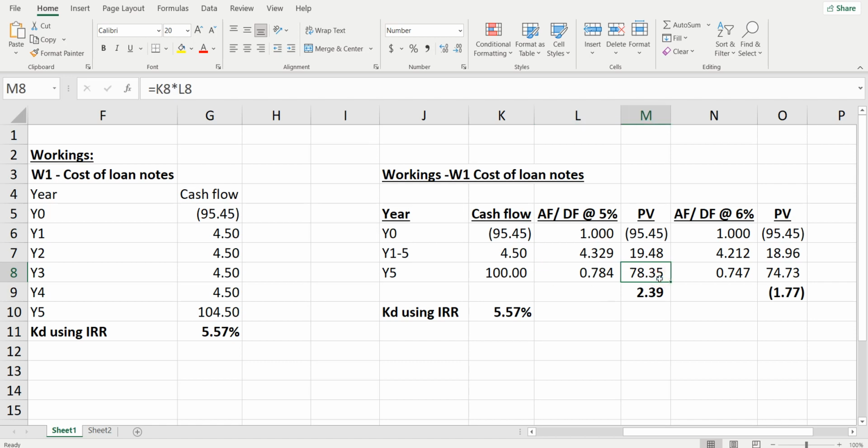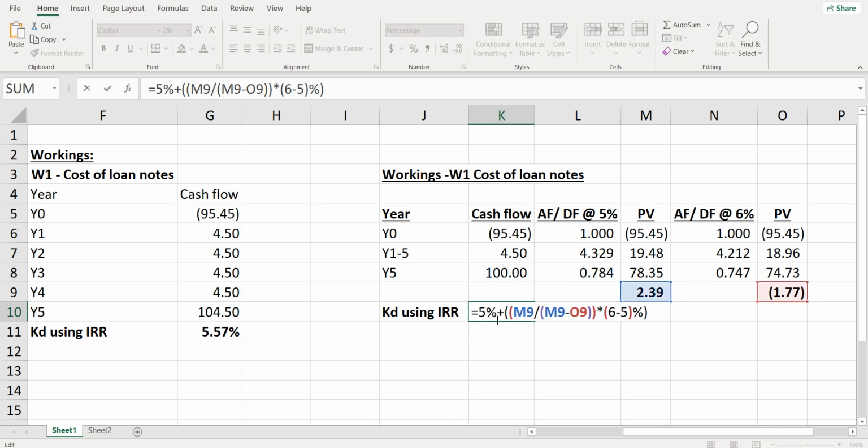Same, multiply, and the present value at 5% is this, the present value at 6% is this, and now we can do the KD IRR formula, which is lower plus lower divided by lower minus higher, multiplied by higher minus lower.